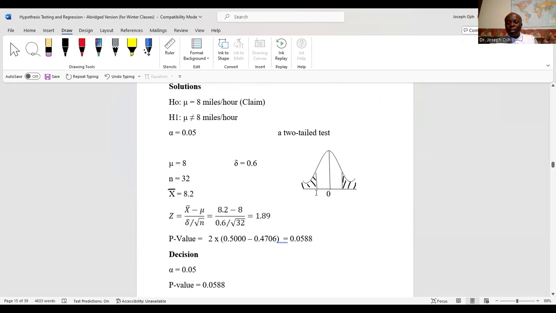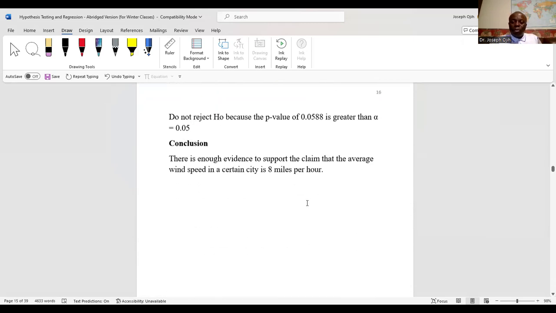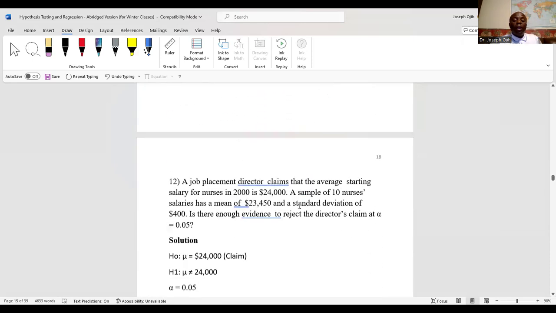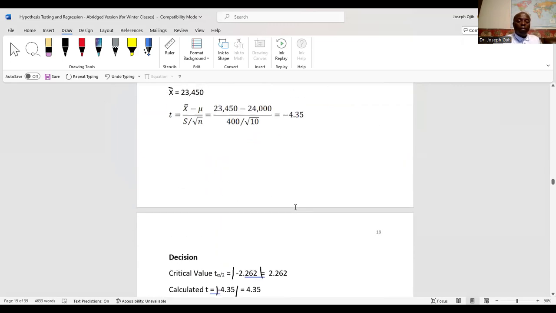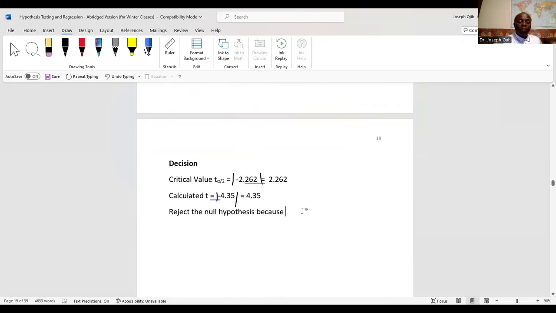So we use just the absolute value. Now we have 4.35 is greater than the critical value of 2.262.